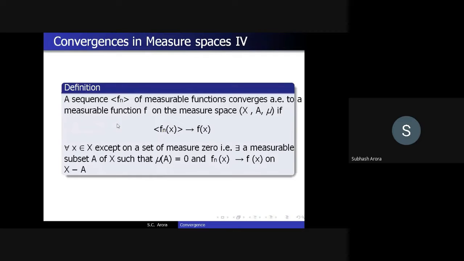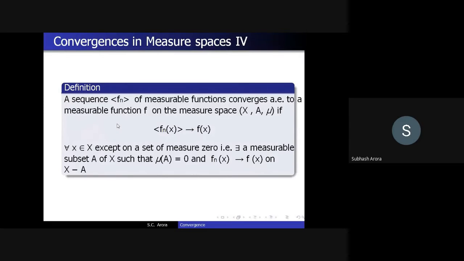A sequence Fn converges almost everywhere to a measurable function f on the measure space (X, A, mu) if Fn(x) converges to f(x) for every x belonging to X, except on a set of measure 0. That is, there exists a measurable subset A of X such that mu of A is equal to 0 and Fn(x) converges to f(x) on X minus A.